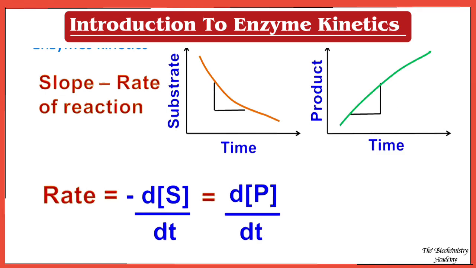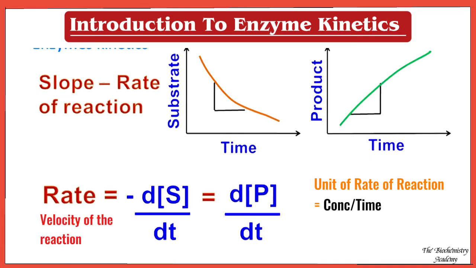Now, the unit of the rate of reaction is concentration over time. It is also called the velocity of the reaction, as the concentration is changing with respect to time.